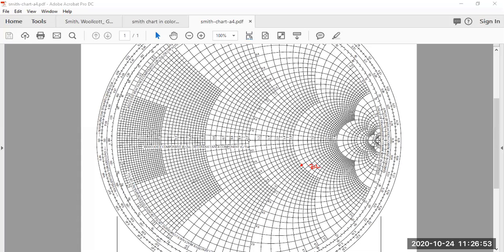Now the question is how we will proceed further. Whenever you are solving any problem related to an L network, you need to draw a circle that I will call the 180-degree rotated 1 plus jx circle.